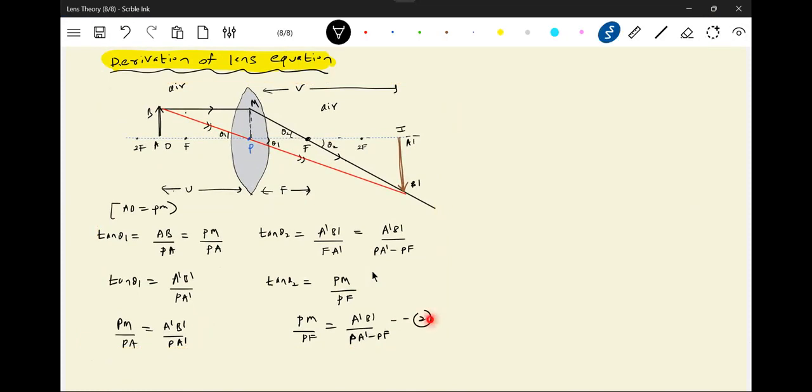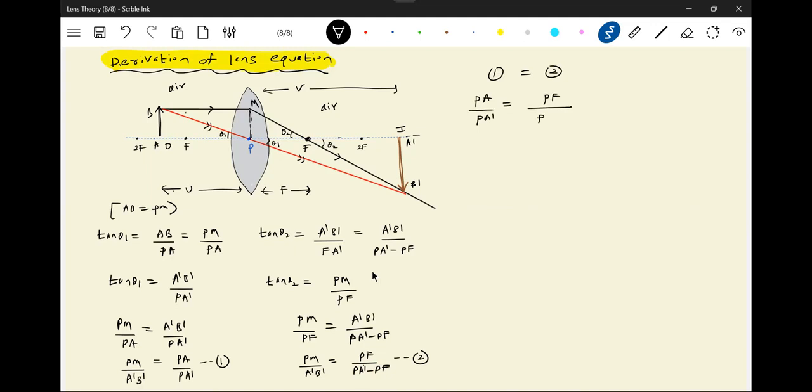One more equation: PM by A dash B dash we can write as PA by PA dash. Also PM by A dash B dash is PF by PA dash minus PF. We'll equate 1 and 2, so PA by PA dash equals PF by PA dash minus PF.